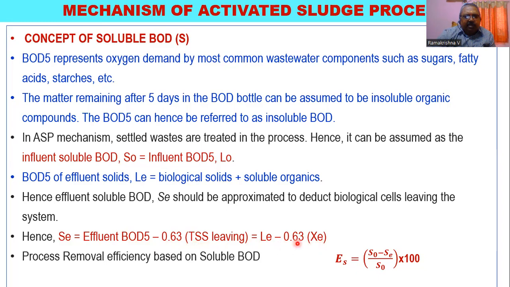So LE minus 0.63 XE is equal to SE, the soluble effluent BOD. So the assumption here is that BOD5 is similar to soluble BOD. So S naught can be considered as L naught, but SE, the soluble effluent BOD, is to be calculated based on this empirical relation, so that the efficiency of the process is based on soluble BOD. We can calculate it as S naught minus SE by S naught into 100.